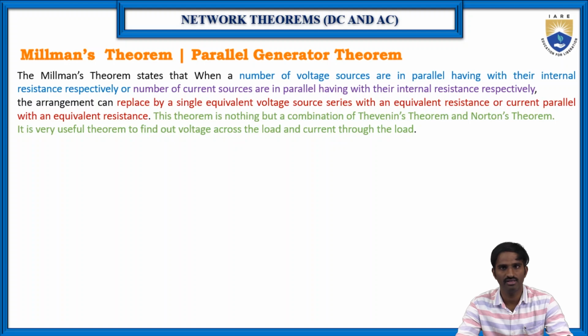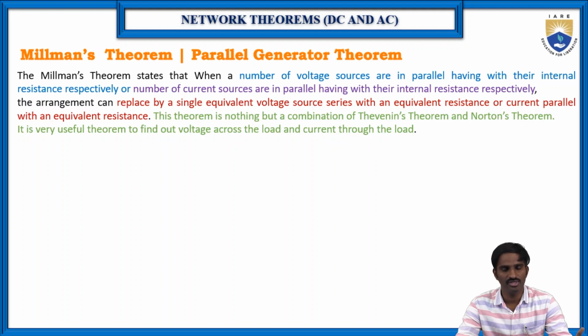resistance respectively, or a number of current sources are in parallel having their internal resistances respectively, the arrangement can be replaced by a single equivalent voltage source in series with a single equivalent resistance, or a current source in parallel with an equivalent resistance. Which is also similar to Thevenin's theorem, but here the difference is there.